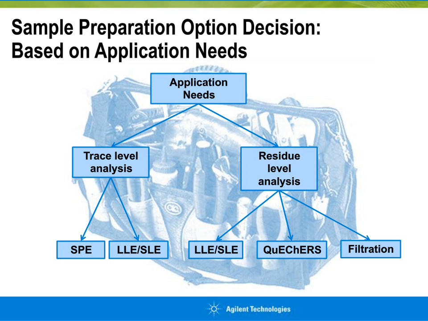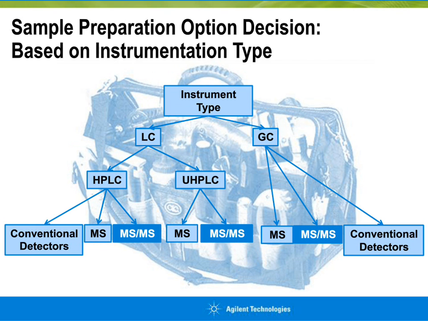When we look at the decision tree based on instrument type, we can think about our sample prep from two perspectives. With tandem MS instruments such as triple quads or ion traps, additional selectivity helps discriminate between target compounds and the sample matrix that can co-extract.